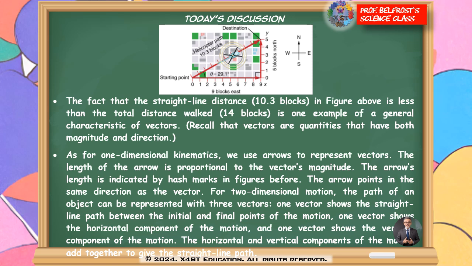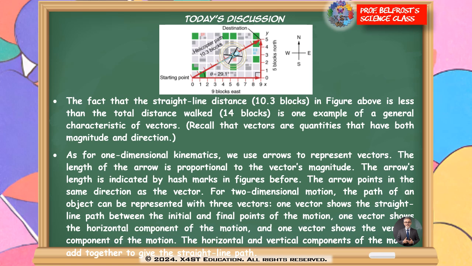Vectors are quantities that have both magnitude and direction. As in one-dimensional kinematics, we use arrows to represent vectors, and the length of the arrow is proportional to the vector's magnitude. The arrow's length is indicated by hash marks in the figures before.